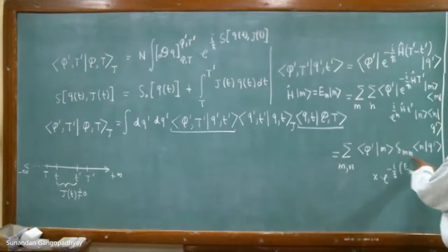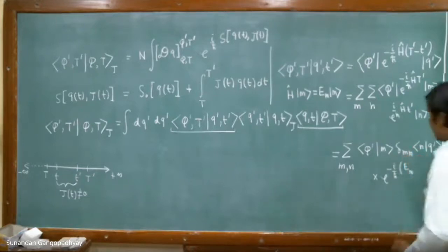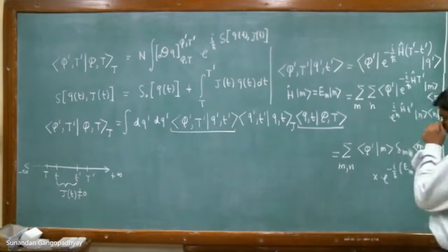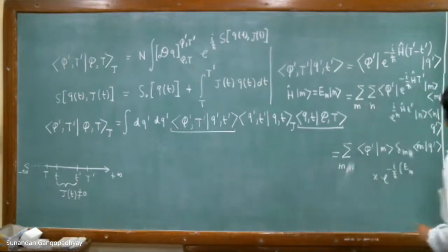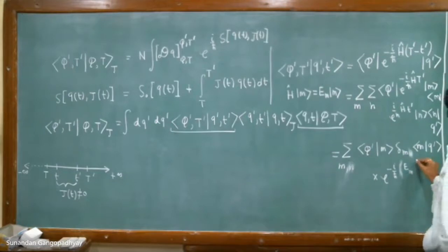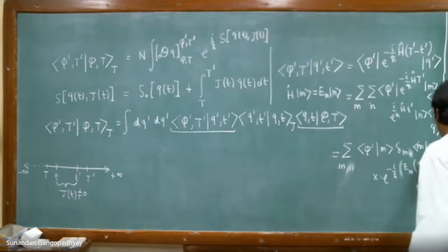And now the Kronecker delta, I don't write it explicitly because now I perform the Kronecker sum. So if you perform this, then n becomes m. The sum over n goes, and E_m becomes common from here. So we get E_m into T prime, capital T prime, small t prime.